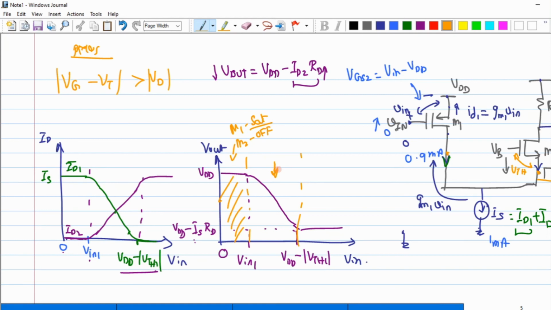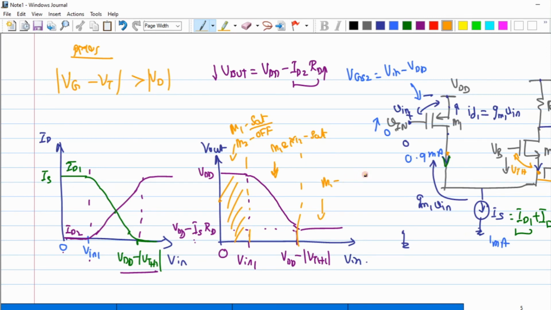So in this particular segment, what are my transistors M1 and M2 operated in? Saturation regime. Okay, so M1 and M2 are in saturation regime, and over here M1 is in saturation. Okay, so M1 has something else, right?